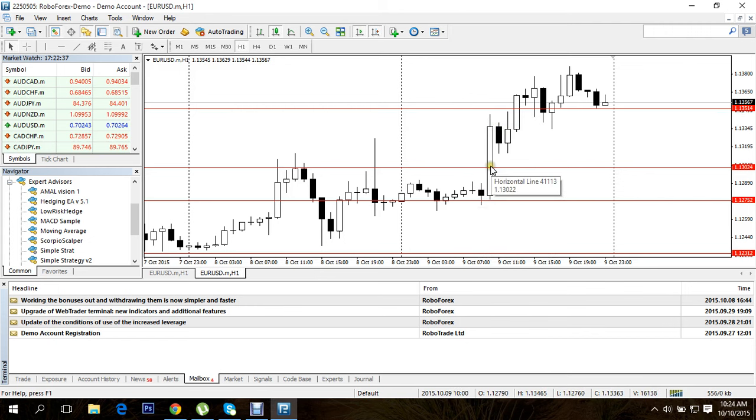If this one goes in our profit and hits its take profit, okay, fine. If it doesn't hit take profit and the market turns down from here and activates this one, these two lines represent our range.